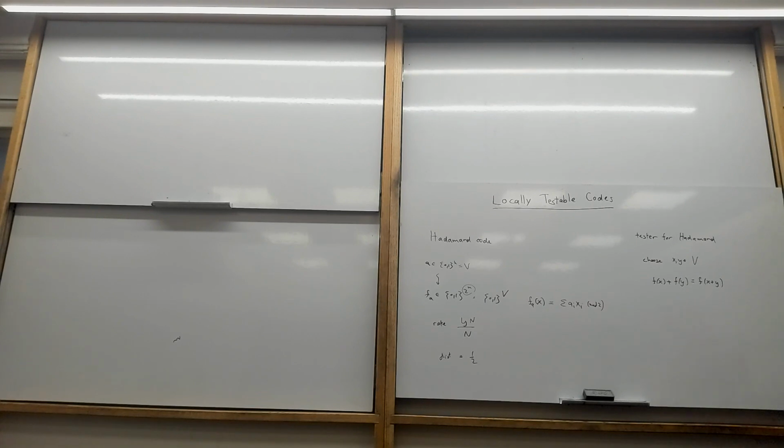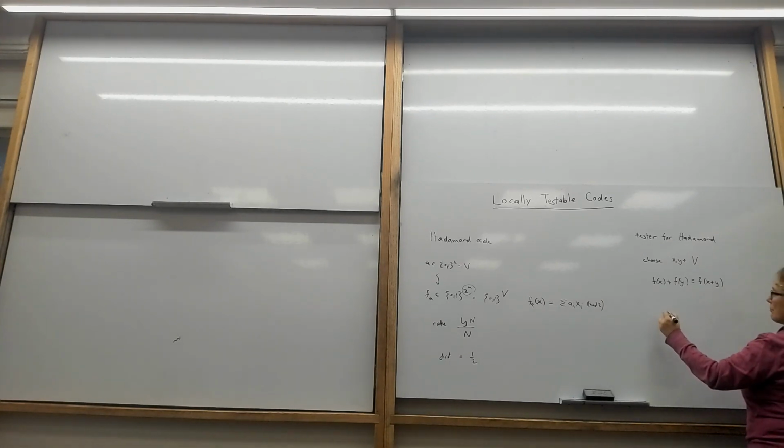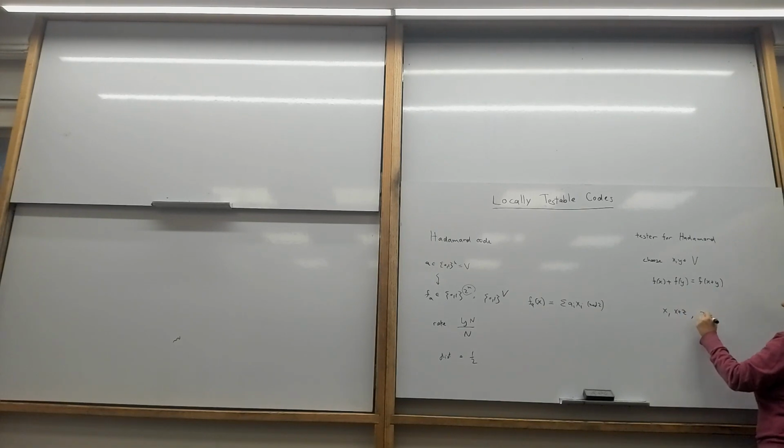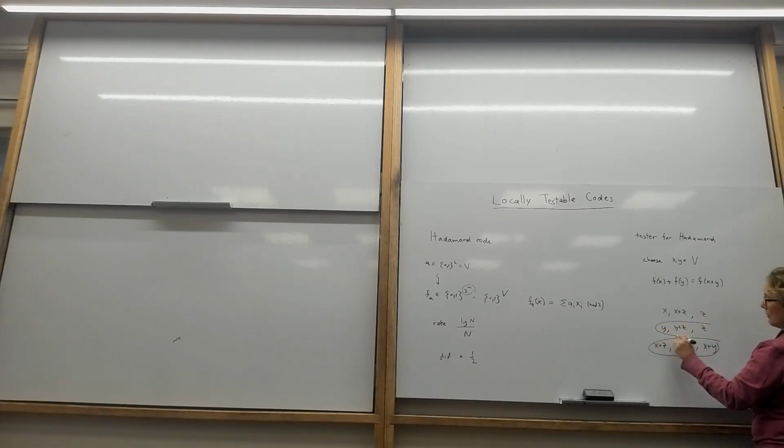And when we proved that it works, what we did was we looked at certain constraints, and we saw that they have linear dependencies between them. If you take x and x plus z, and their sum, which is z, and you take y and y plus z, and their sum, which is z, and then maybe you take x plus z and y plus z, and their sum is x plus y, then these are 3 constraints.